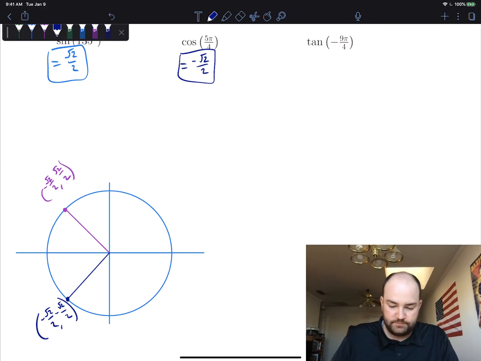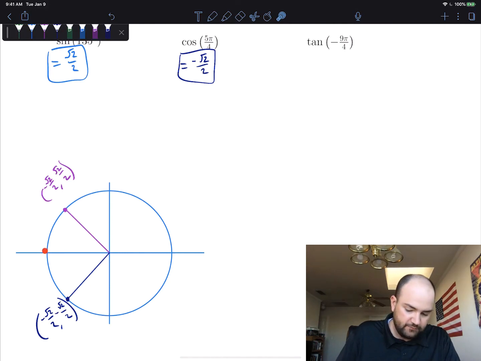There we go. Now for tangent, tangent of negative 9 pi over 4. Well, negative 9 pi over 4 means that we go negative 1, negative 2, negative 3, negative 4, negative 5, negative 6, negative 7, negative 8, negative 9 pi over 4. So negative 9 pi over 4 is that angle right there.